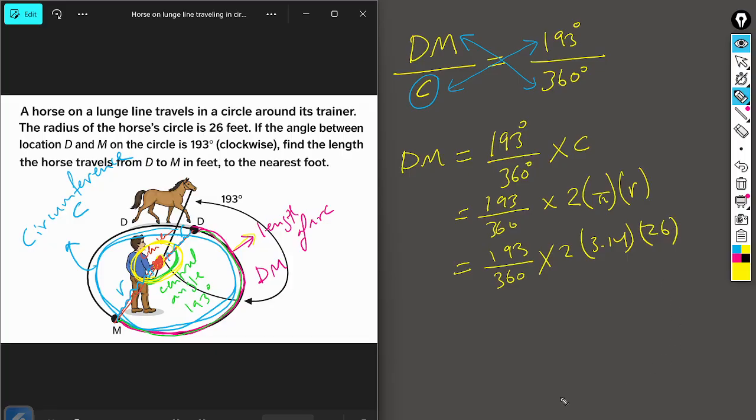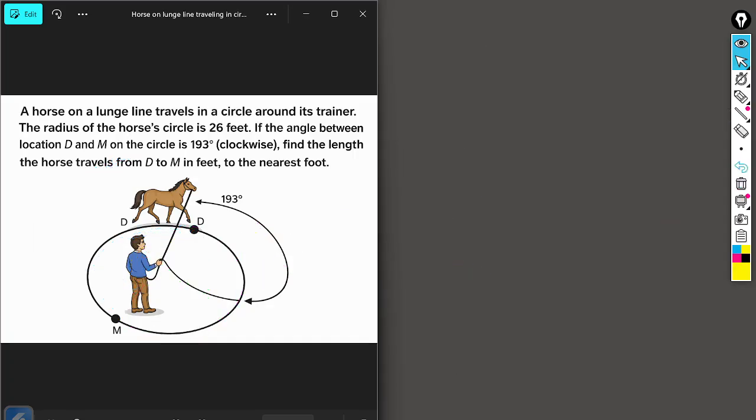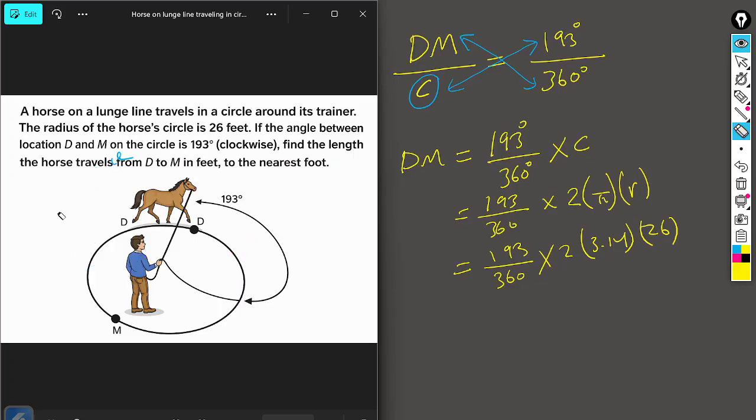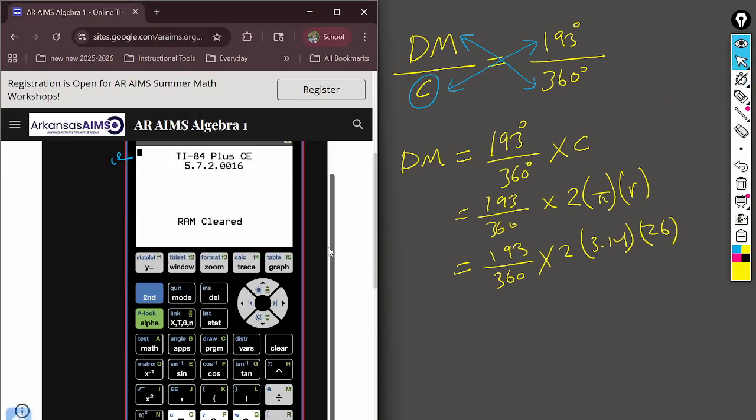And in this case, I can find it using the calculator. So using the calculator, we have 193, and then this is divided by 360.